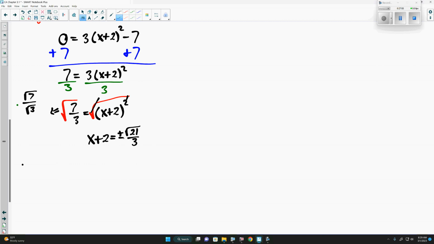And the last thing we need to do is subtract 2. So the x-intercepts are -2 plus or minus square root of 21 over 3. So the x-intercepts for this function are not nice. They're kind of funky. But that's what they are.